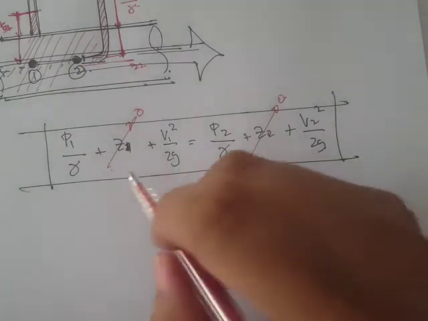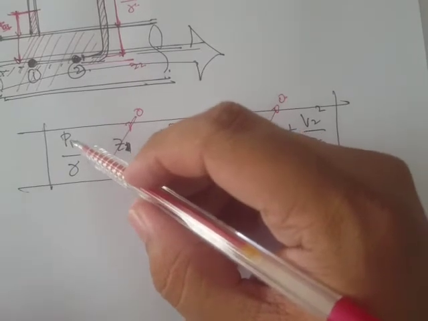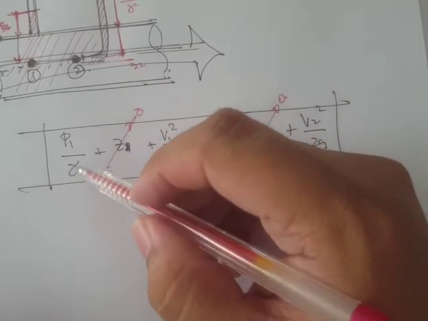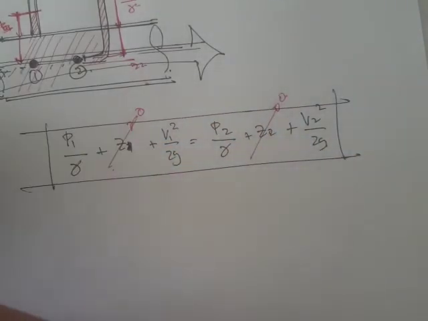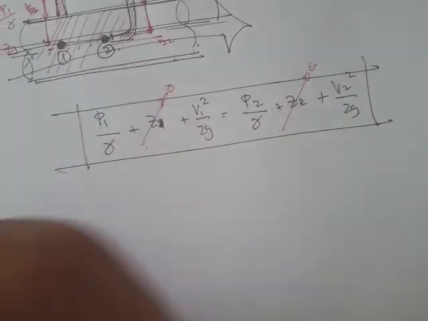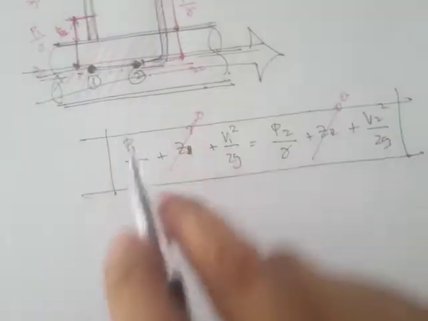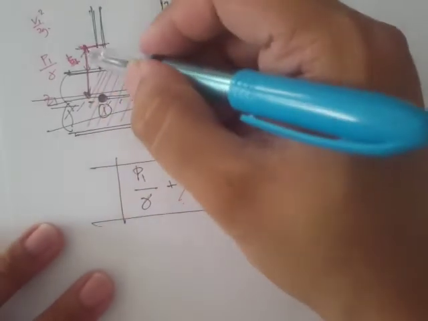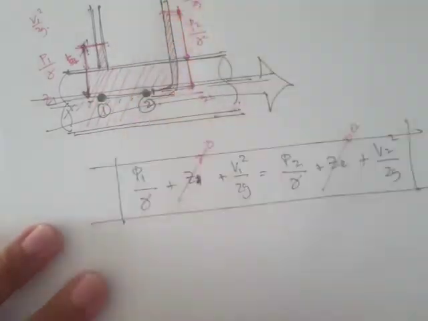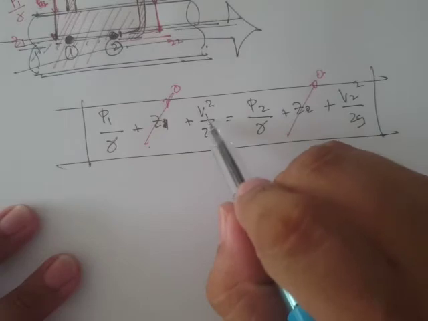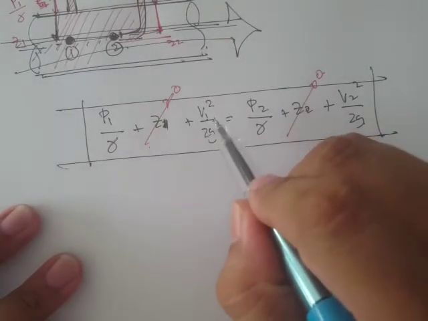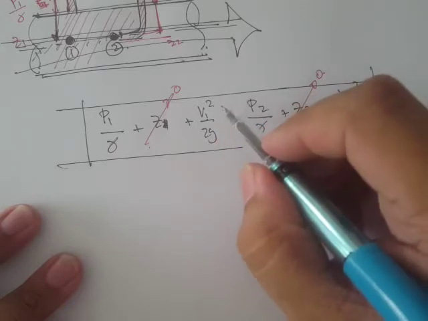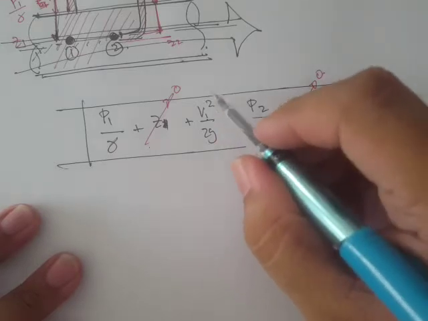Now what else? Now this pressure 1 divided by the unit weight is actually equal to this height, right? So recall that we are in a head form, therefore this is just equal to the height. Okay, and for v1 squared, that's what we actually want to find.